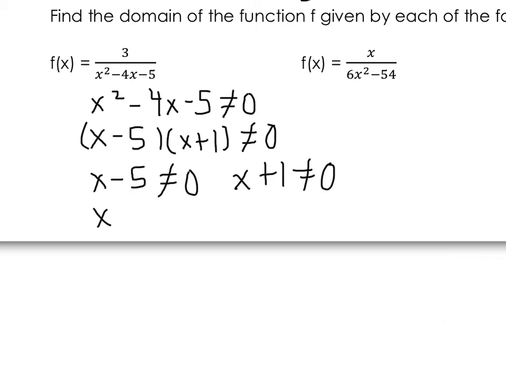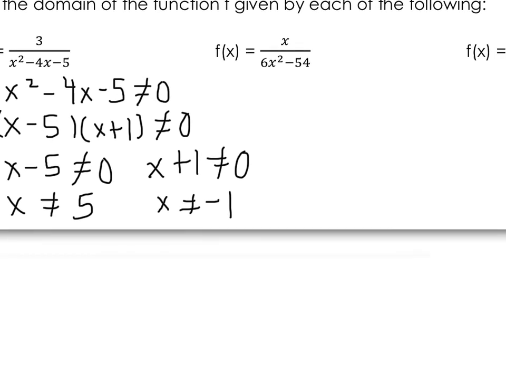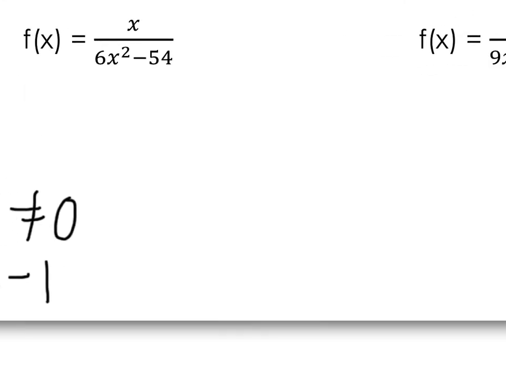So that means that x cannot be equal to 5. The second equation tells us that x cannot be equal to negative 1. So that's our domain. All x except 5 and negative 1. We cannot have 5 and negative 1.